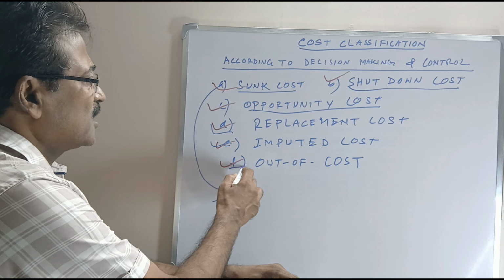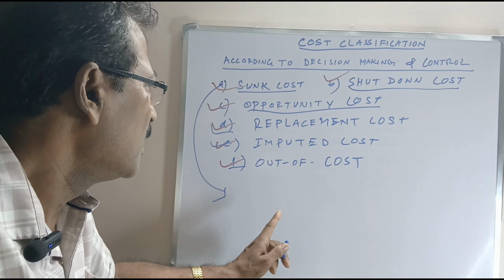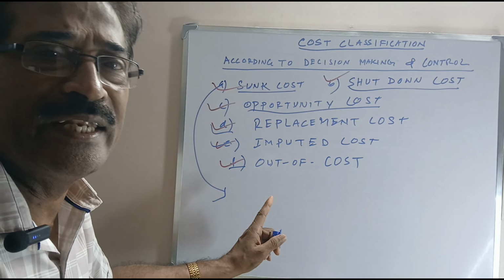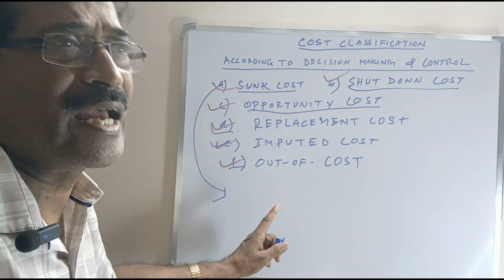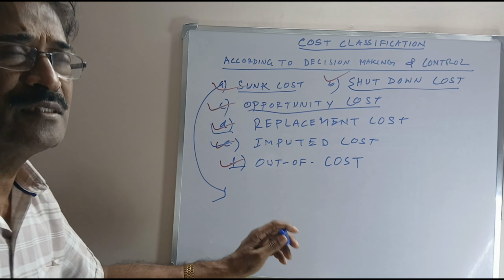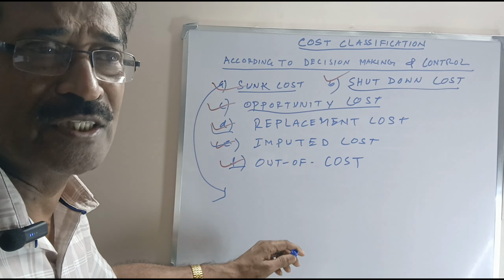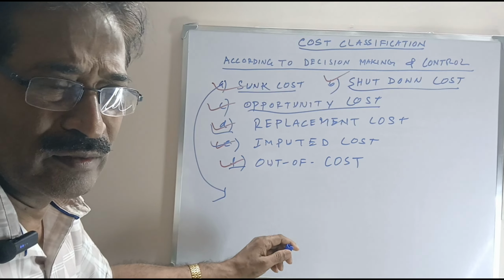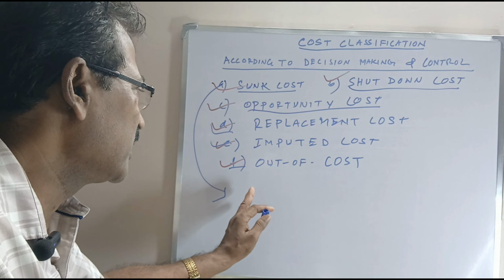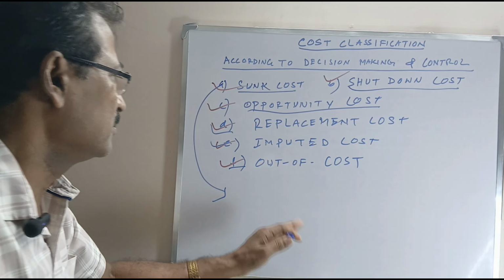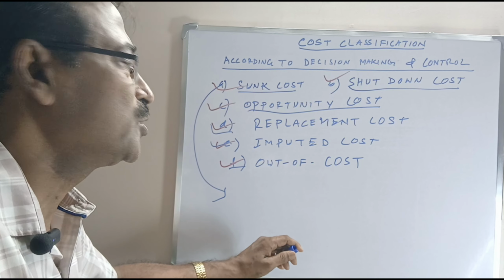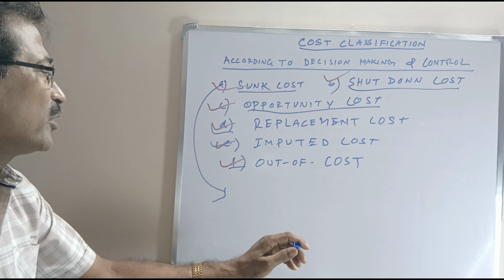And lastly, out of pocket cost. In cost accountancy, an out of pocket cost is a direct expense, direct cash outlay from the working capital of the business. So it is contrasted against depreciation, which is non-cash outlay, non-cash expenditure. That means opposite to non-cash expenditure.